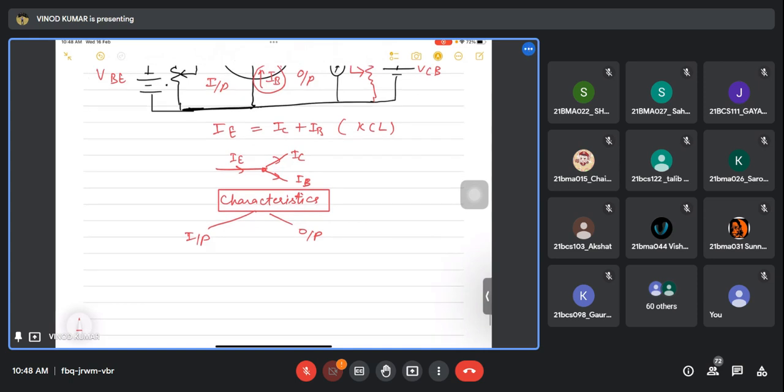Input characteristics means varying the input while keeping the output constant.